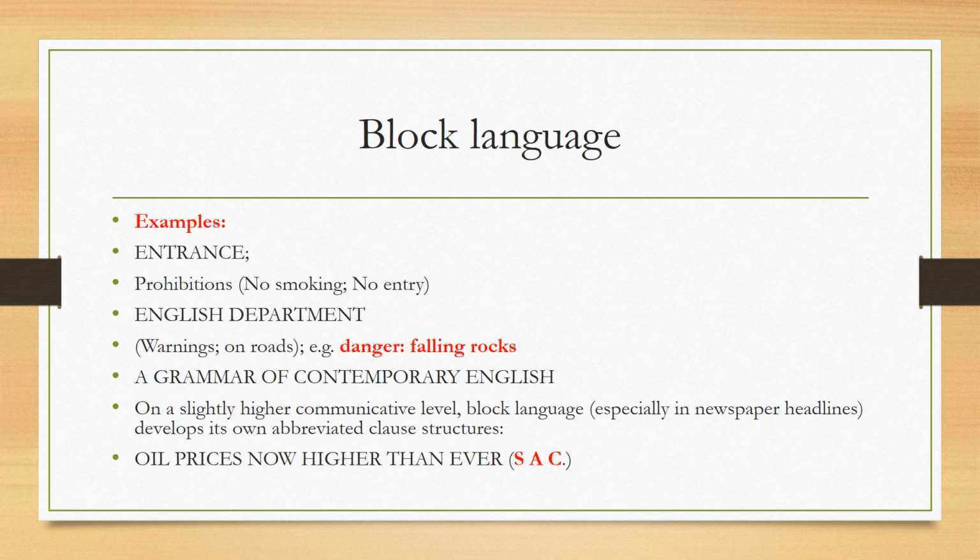So, as you see, they have used the headline in the form of a clause, a simple sentence in English, but it is not a complete sentence. There is an element missing, which is the verb. But we can understand what kind of verb should be used in this headline in order to make it a complete sentence. From the context.